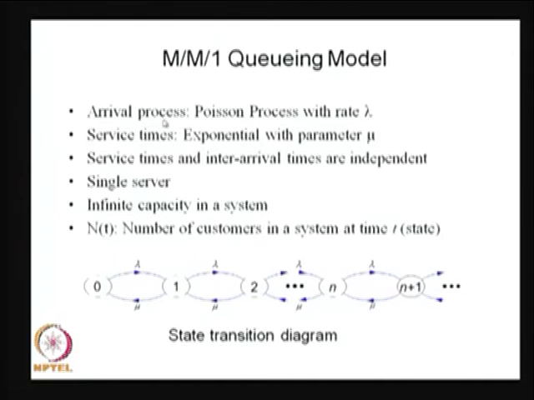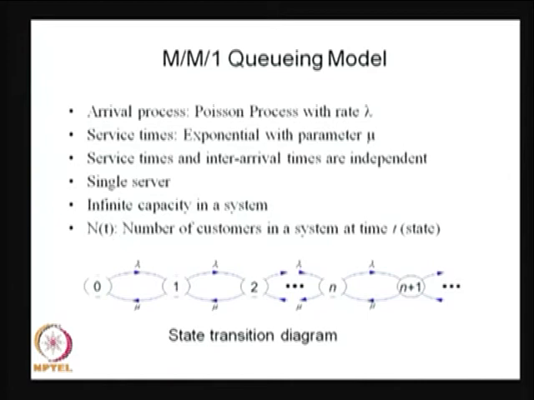Since the inter-arrival time is exponentially distributed and the service time is exponentially distributed, and both are independent, and the service time is also independent for each customer, this stochastic process satisfies the memoryless property at all time points.